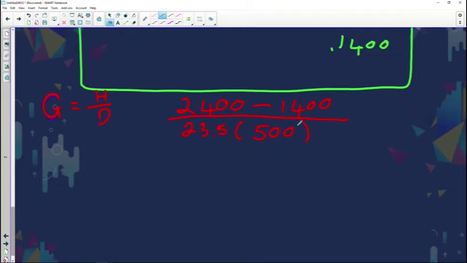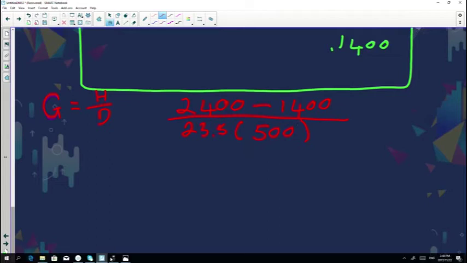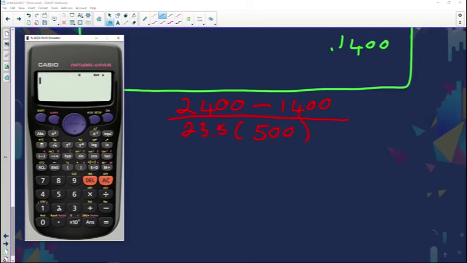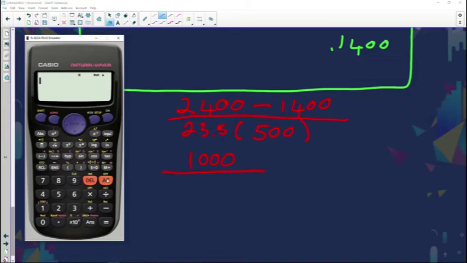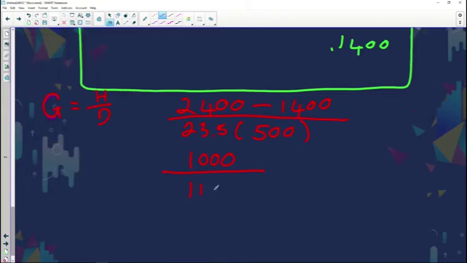So quickly get out your calculator. 2,400 subtracting 1,400 equals 1,000. And then 23.5 times 500 equals 11,750.